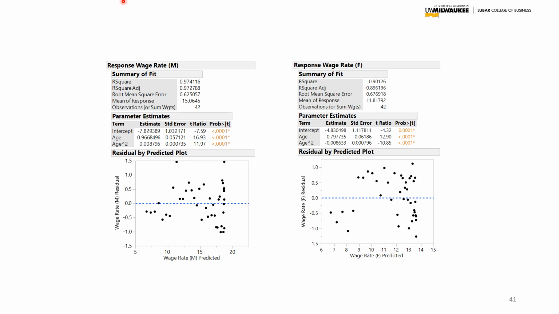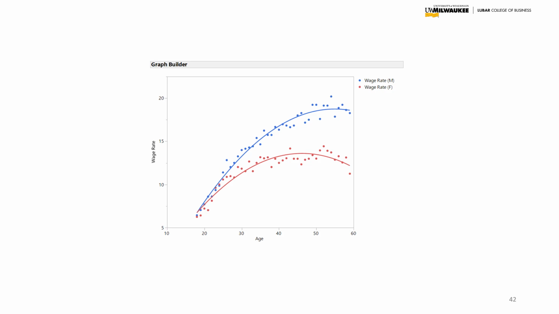I fit the male wage rate data and the female wage rate data to the age and age squared variables. We get two different regression equation output, both quadratic functions. And if we look at the residuals from each of these fits, they look much more random. Thus, it seems like we've captured the curvature in the data.